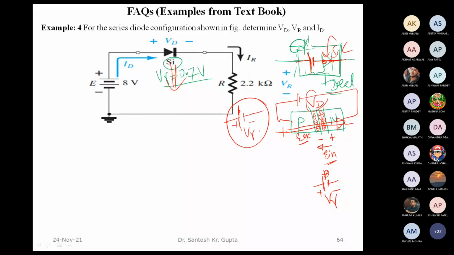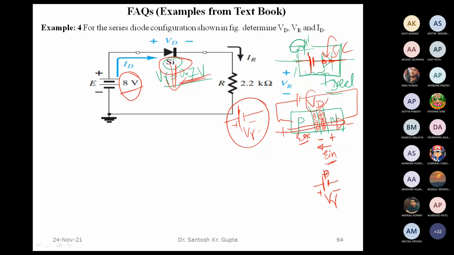So before starting, we must see what the voltage source is and what the diode is made of. If it is an ideal diode, then its potential barrier is 0. And if it is a real diode like silicon or germanium, we have to compare the voltage source with the potential barrier.